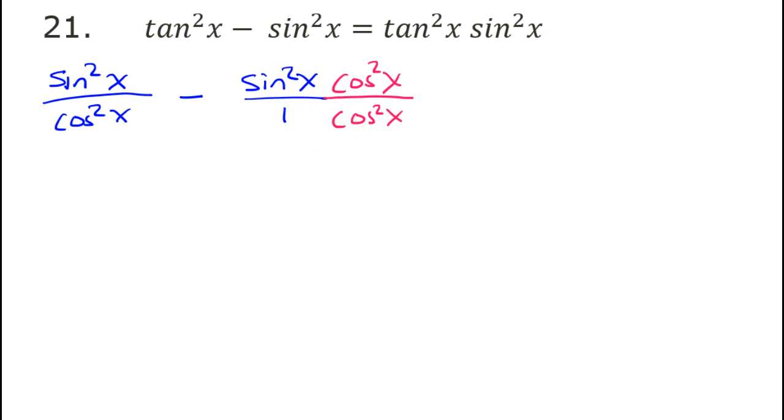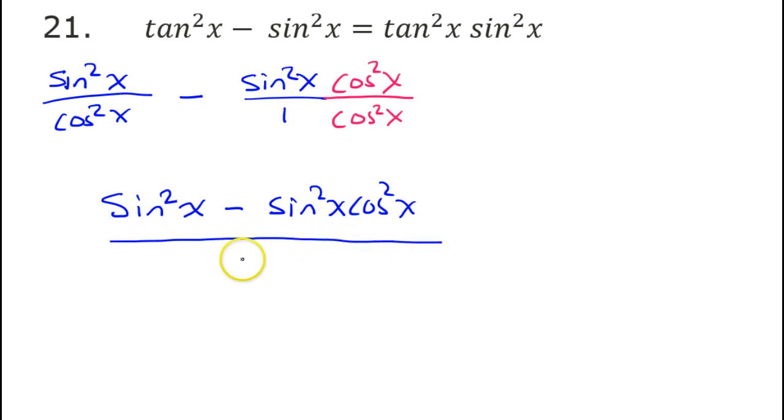So if I smash this together, that's going to give me sine squared x minus sine squared x cosine squared x over cosine squared x. Now looking at the numerator, I now have a GCF happening.